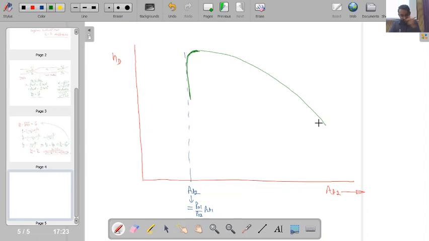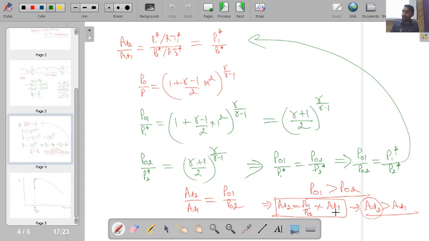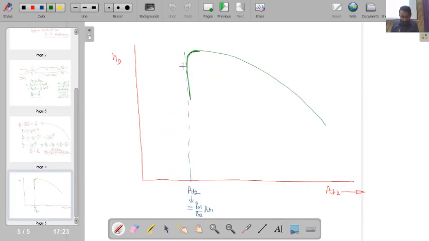What I am saying is, we have found some area over here from this equation. So whatever area I have found, for an area of the second throat which is slightly higher than the area we have found from this equation, we will have the highest efficiency. And if I decrease the area from this, then my efficiency will have a sudden fall.